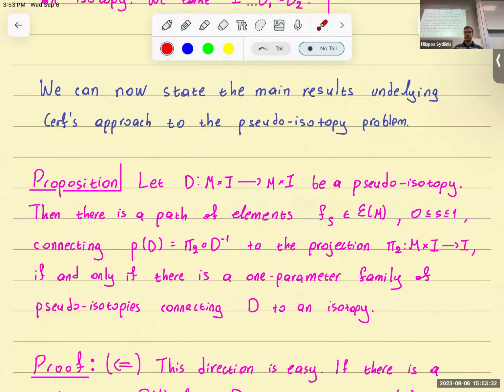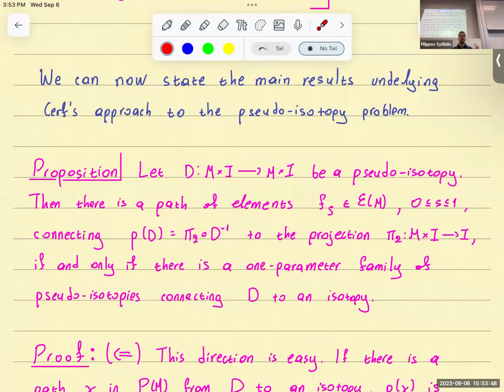So I know that any two smooth functions I can connect with a path of smooth functions, but I don't a priori know whether I can do that in a way that all smooth functions in the path have no critical points. If I can do that, then the pseudo-isotopy that I began with is isotopic to an isotopy. That's what this proposition says.